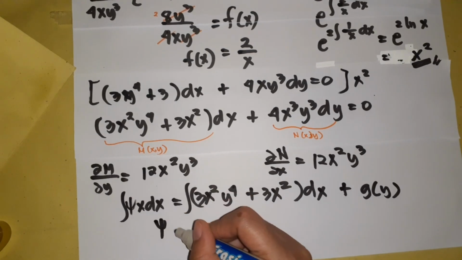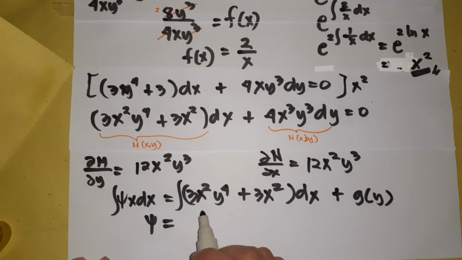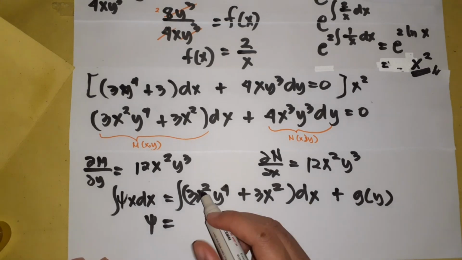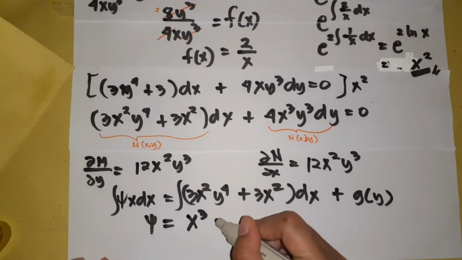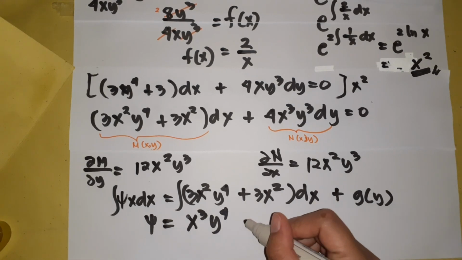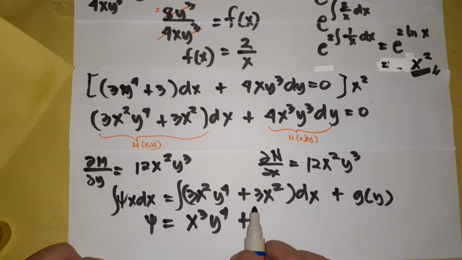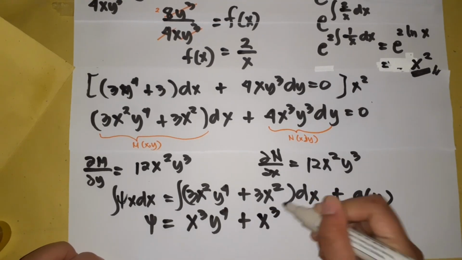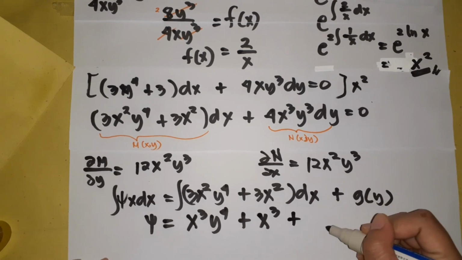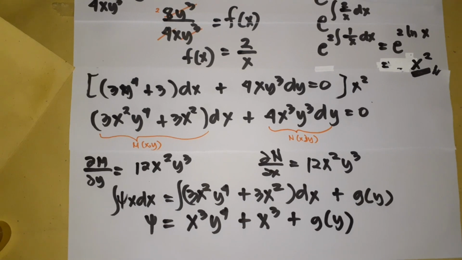Our psi will be the integral of 3x^2 y^4 dx, which is x^3 y^4, plus the integral of 3x^2 dx, which will be 3x^3 over 3, or x^3, plus our generic function in terms of y.